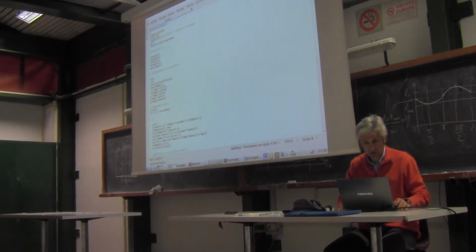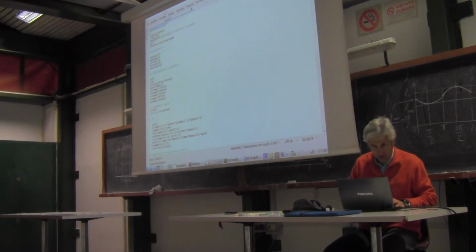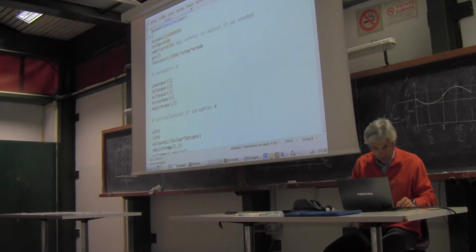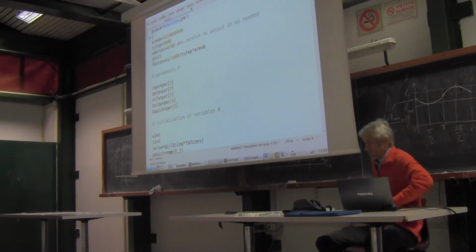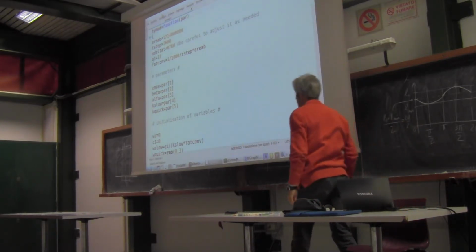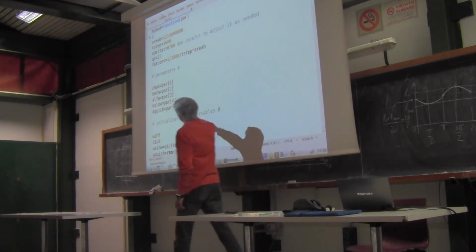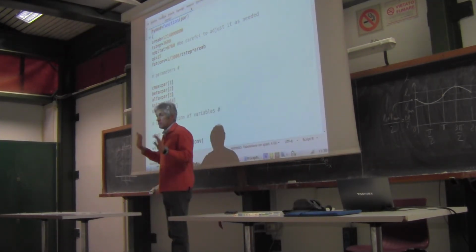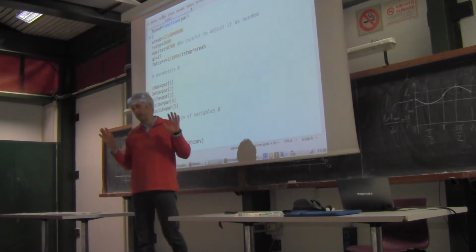Here it is. Let me change the fonts. So, this is the function that we wrote, and you see that the argument of the function is just a vector, the parameter vector. You remember, 5 parameters.